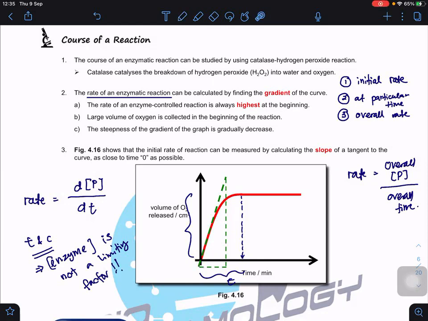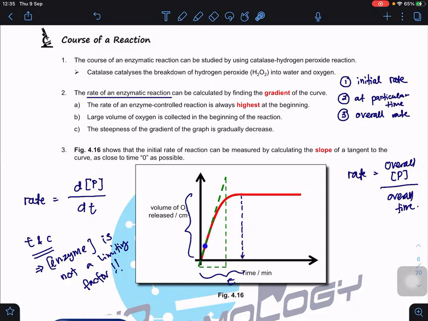Are you clear? So that I can get the initial rate of reaction. If your enzyme is a limiting factor, not enough enzyme, then the initial rate of reaction is not true already. Are you clear? Okay, the true value cannot be shown. So in this case, the term and condition is that the enzyme is not a limiting factor. It means that we have sufficient enzyme.